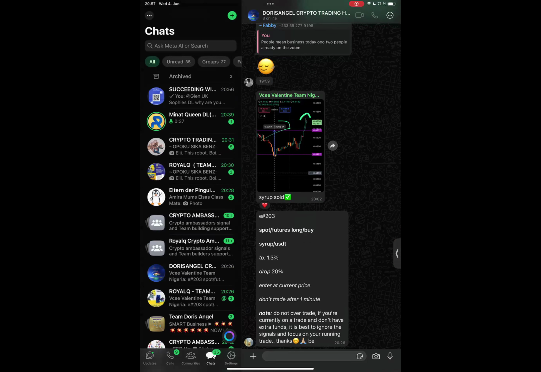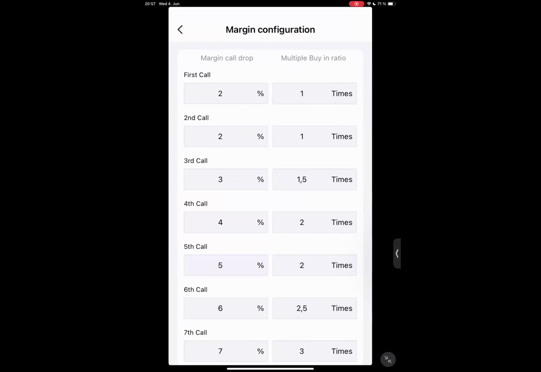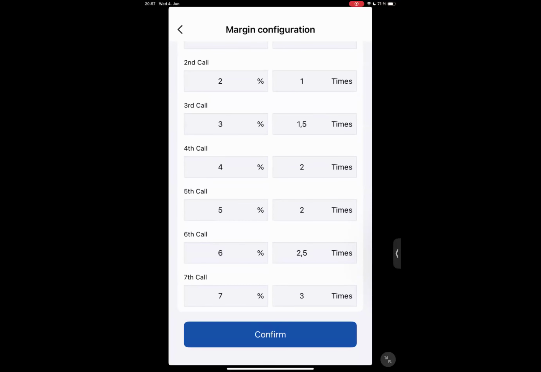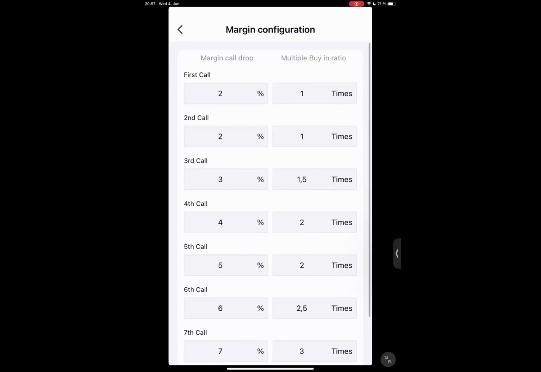When I add up all this, it gives me 29%. But the signal says 20%. So my 20% falls within the 29. So it's okay to use the settings.